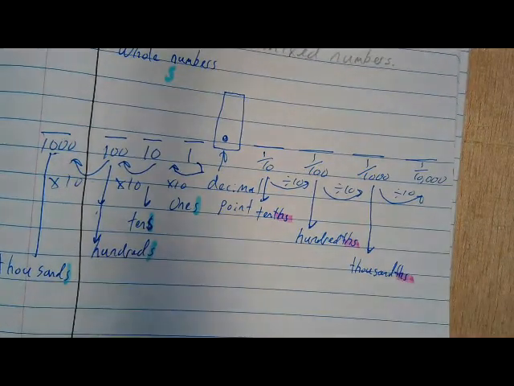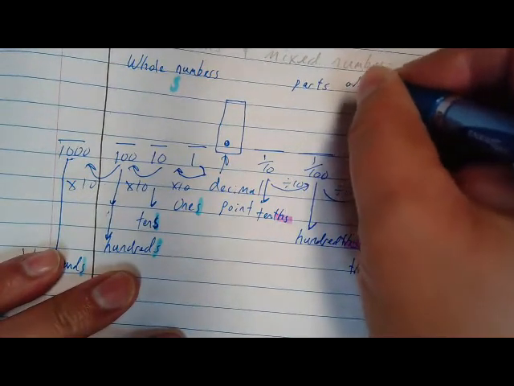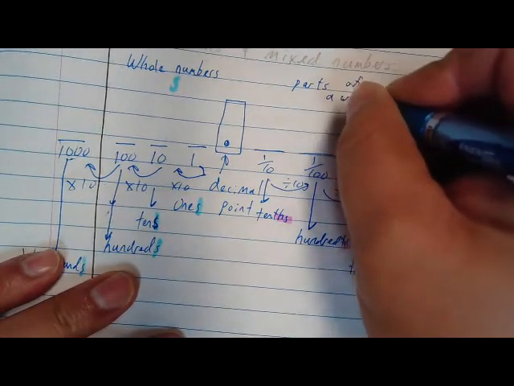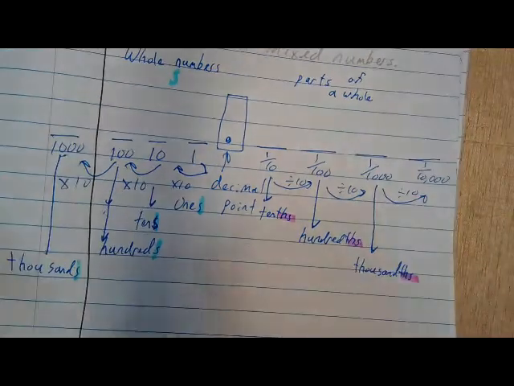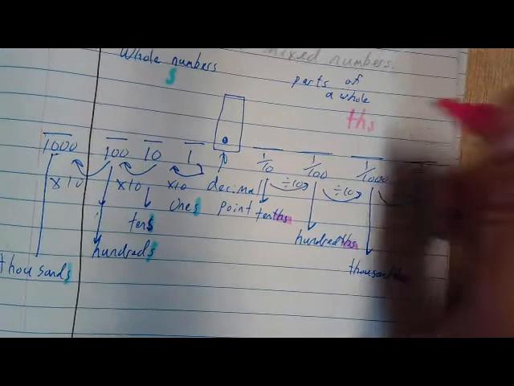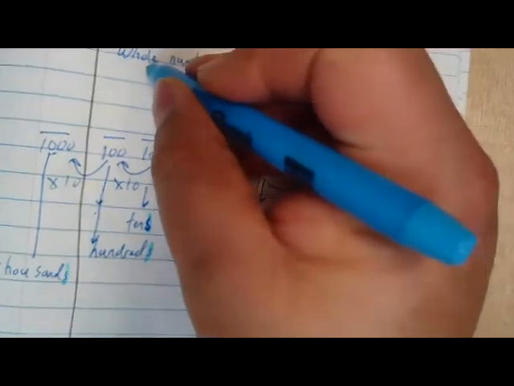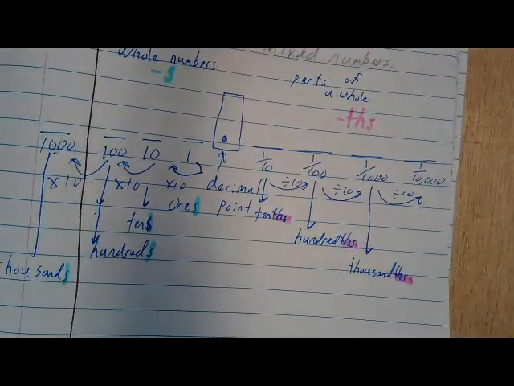This would be the parts of a whole. The parts of a whole. Okay? And it ends with a THS. There's a lot of information in this little drawing I made.